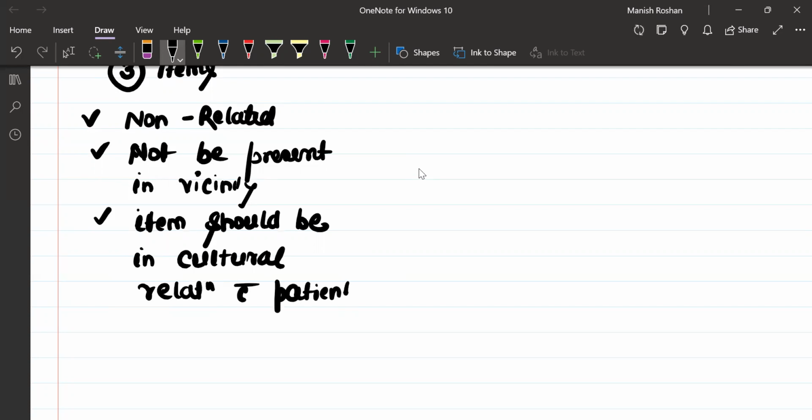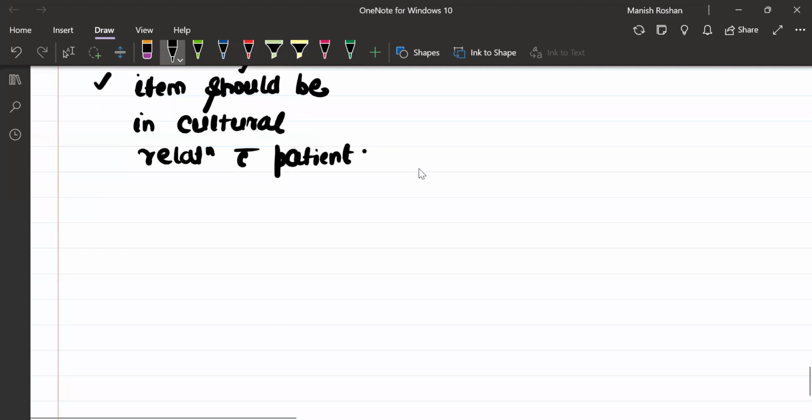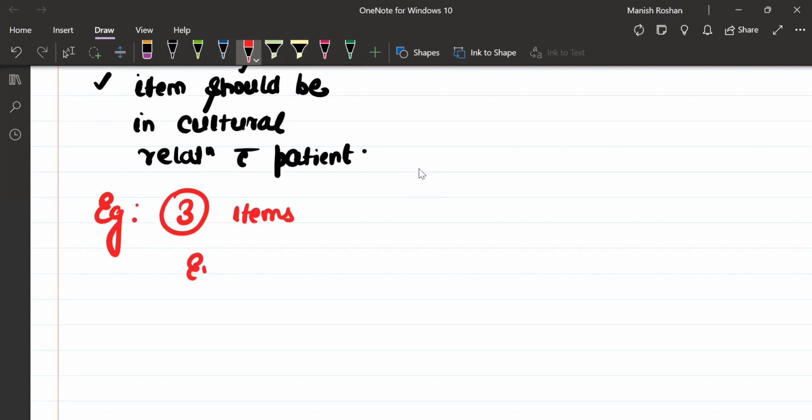So for example, if the patient is a vegetable seller, you can't give him a rocket or a space shuttle. So keep it in the realm of the patient. For registration, we can give 3 items: one emotion, one color, and one object.